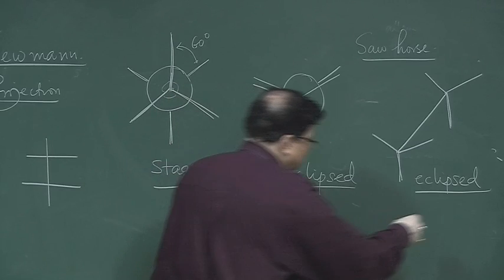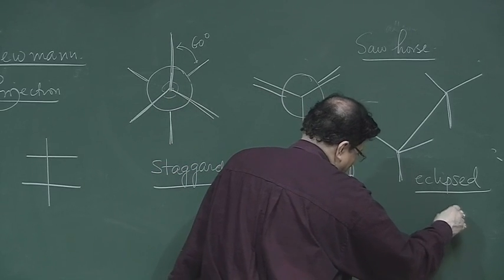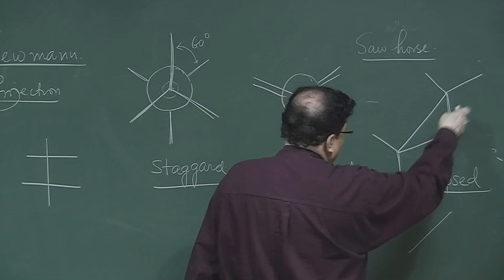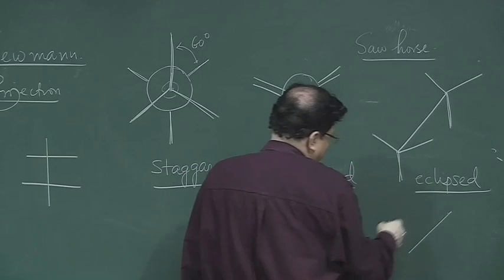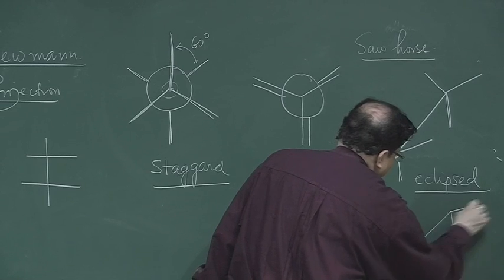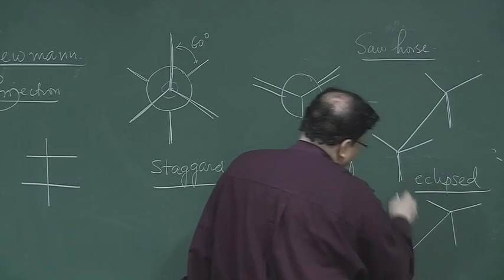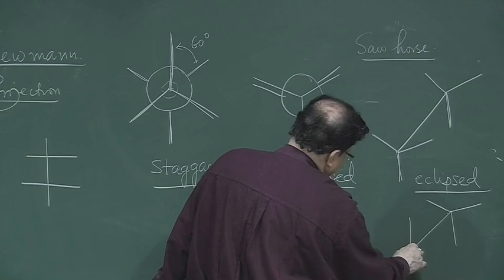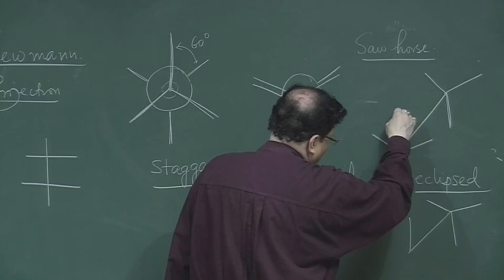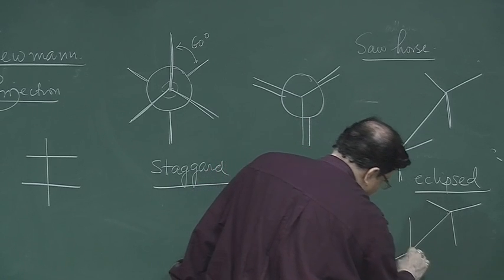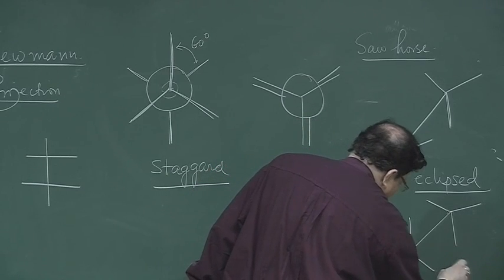And what is the other form? That means the staggered form. You rotate one of these by 90 degrees, keep the top one maybe in the same position and the bottom one you rotate. So, if you rotate, that goes to the top, this comes here and that goes there.